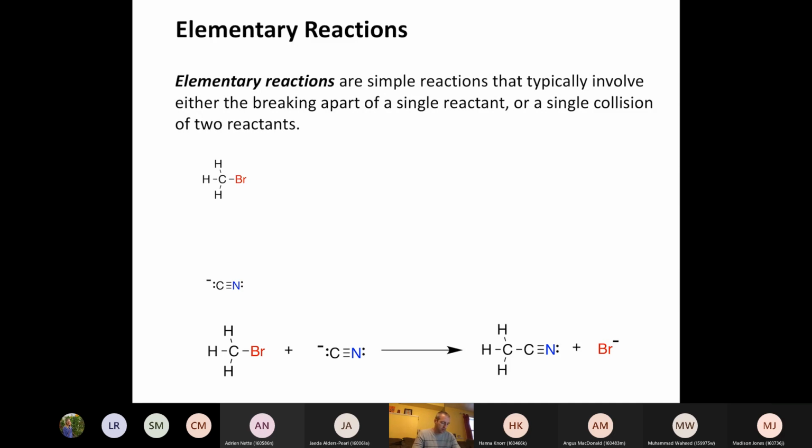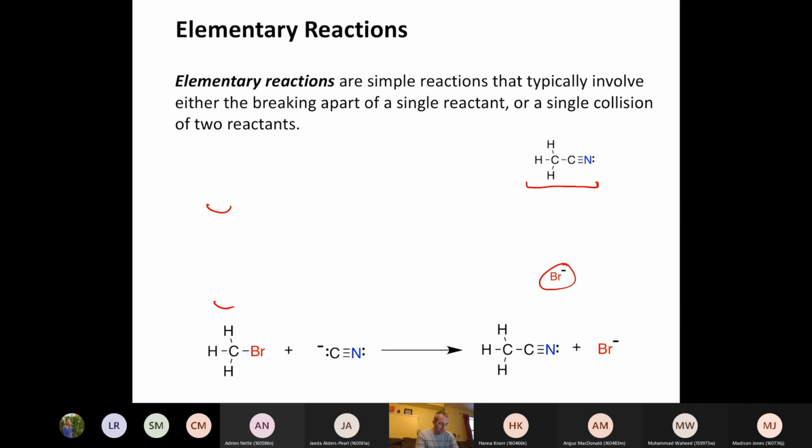So on the screen, you can see we have this molecule, which is methyl bromide, and here we have cyanide ion. So you can have a reaction where these 2 collide with each other, and then after the reaction, products are formed. And you see what's happened is the cyanide has replaced the Br on the CH3, so this is a new product, and the bromide that was previously attached to the carbon is now gone.